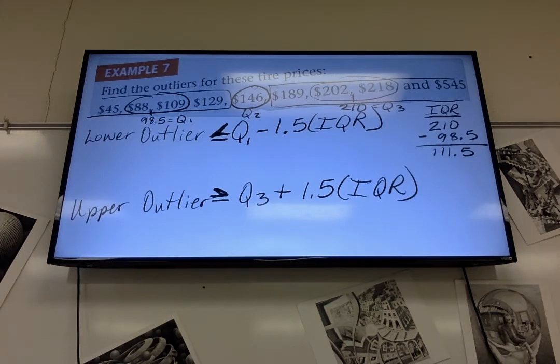So Q1 was 98.5 minus 1.5 times the IQR, 111.5. 98.5 minus 1.5 times 111.5. That's a negative number. Negative 68.75. So there are no lower outliers, because I don't have any numbers that are lower than negative 68.75.